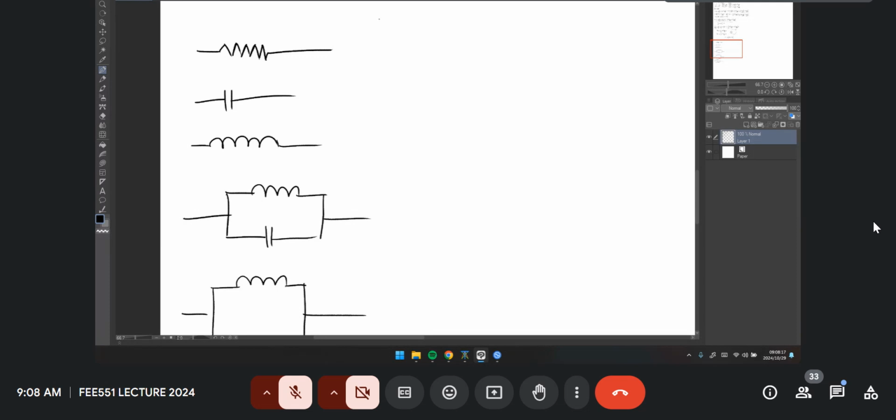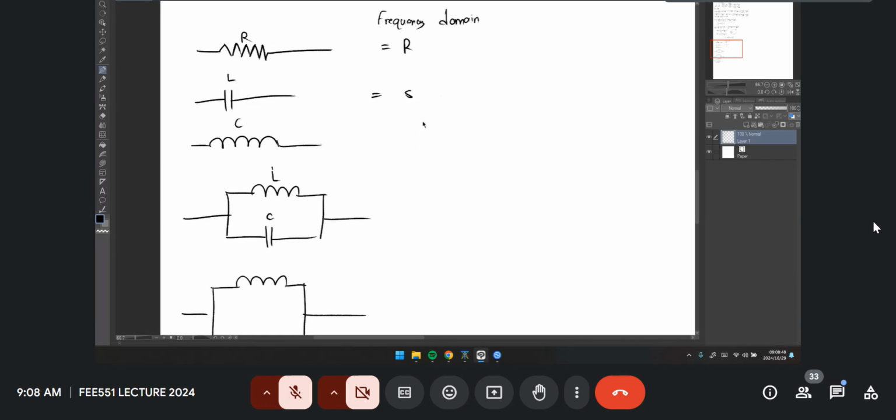When you take it in the frequency domain, this is R, this is LC, this is LC. This will be R, this will be sL, and this will be 1 over sC. I don't know if I'm right.